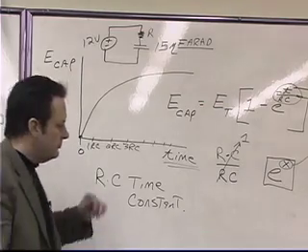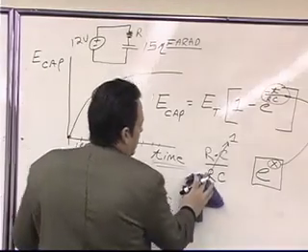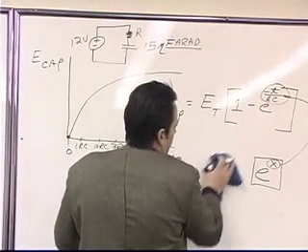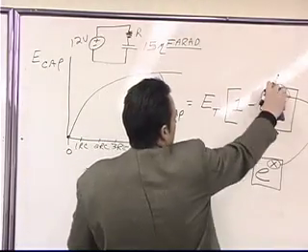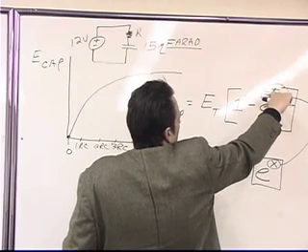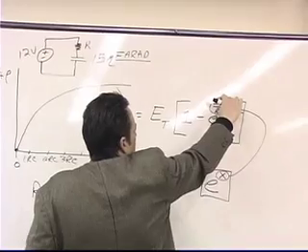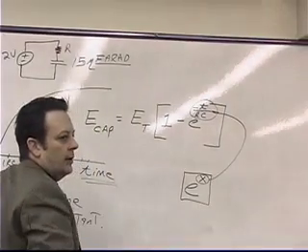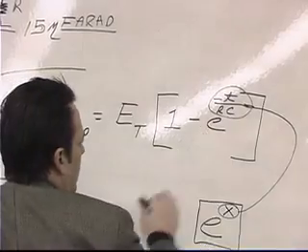Now, I'd like you to get your calculator out for a minute. Let me erase this. What we're going to do is come up to this exponent, and if we plug in 1 times RC, this whole exponent turns into a negative what? Negative 1.